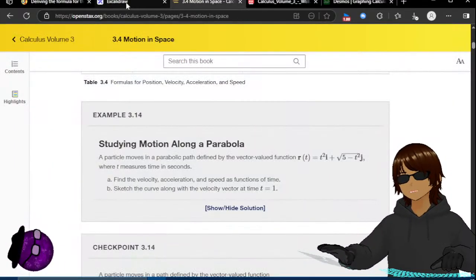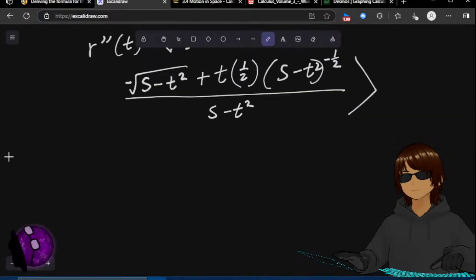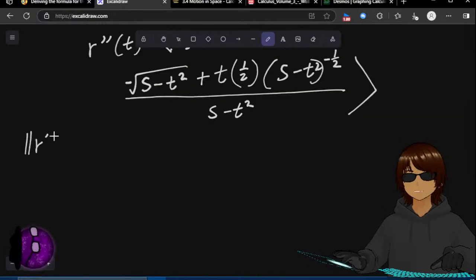But what about speed? Speed is like the first derivative. It's like this, right?